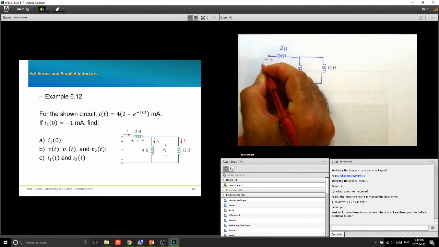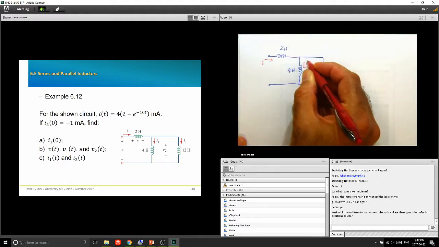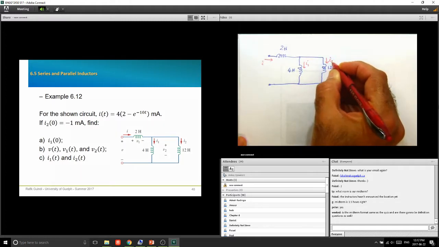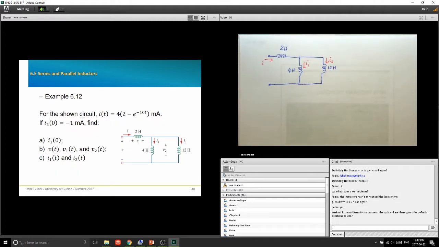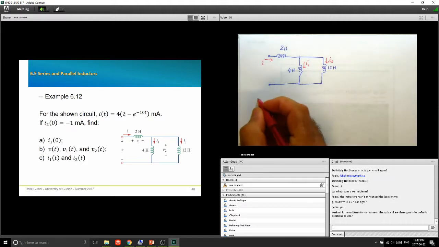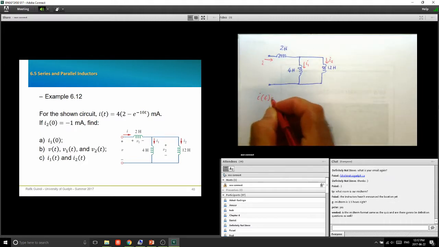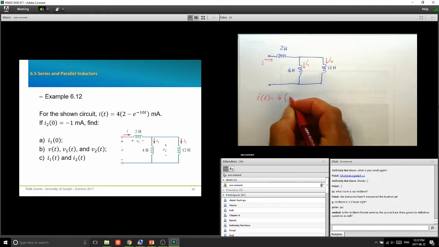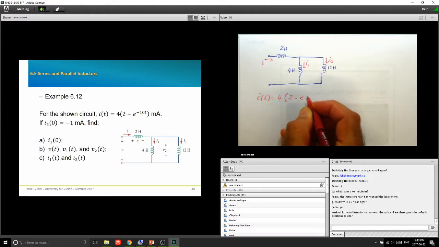Have here I1 and I2. Now, we know what is the equation for I. I of t is equal to 4 times 2 minus e to the minus 10t in milliamps.